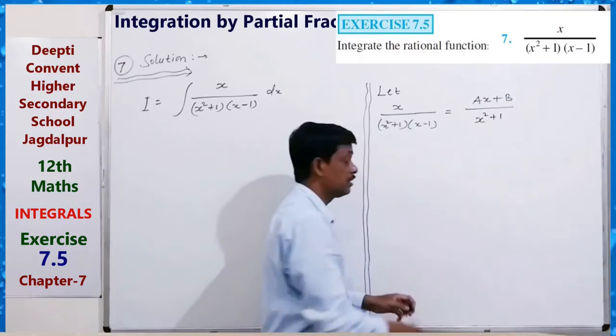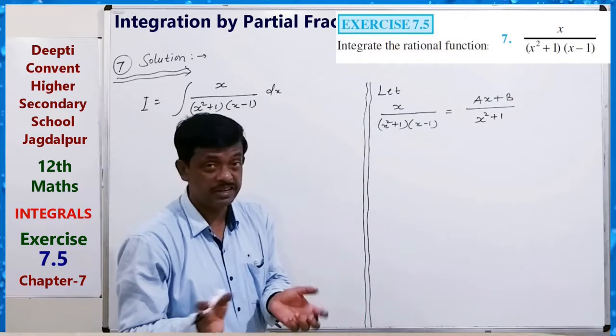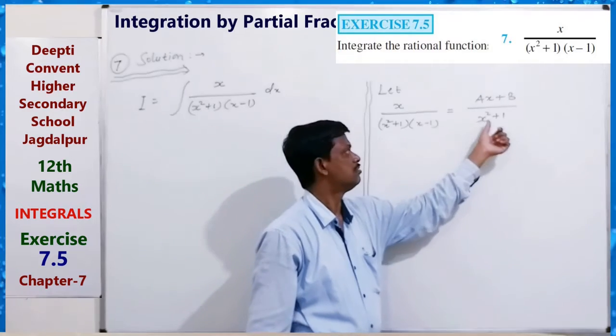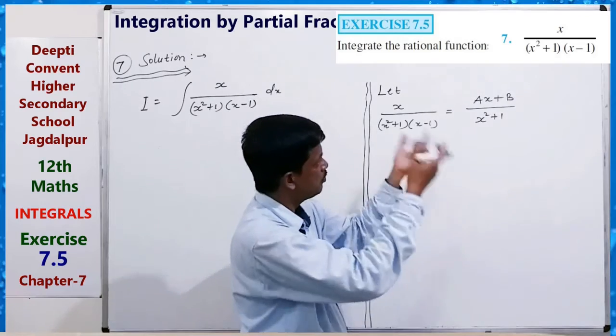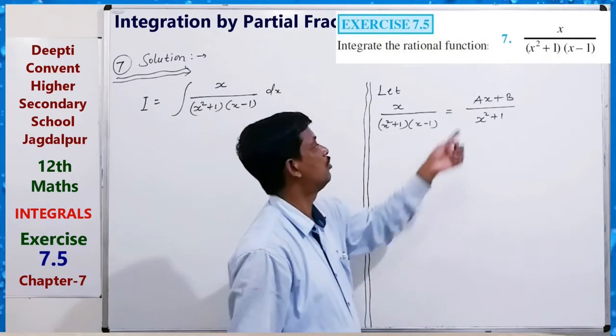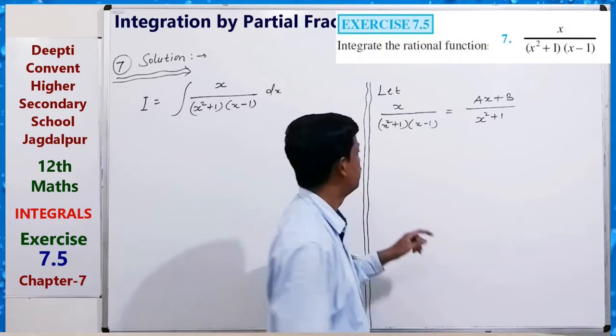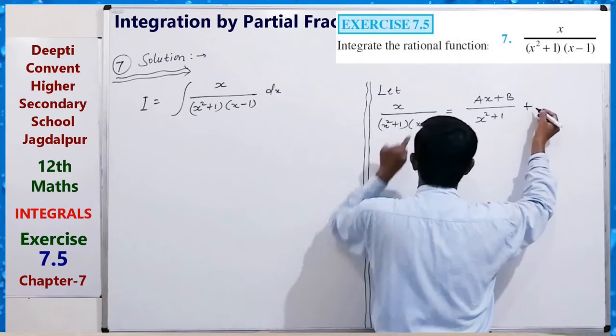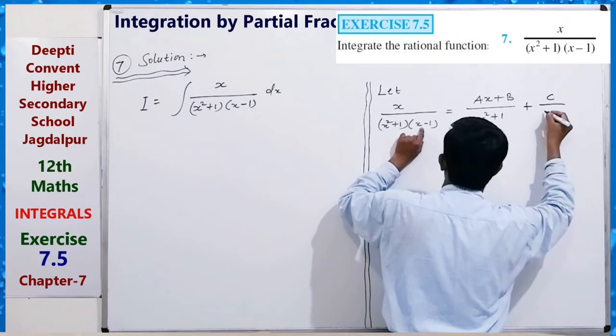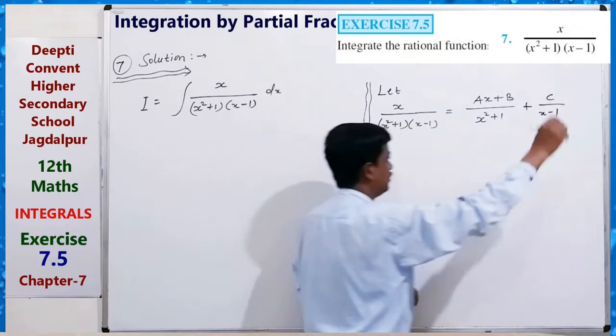This is a second degree factor which cannot be factorized as a real linear factor. So put the second degree factor here, and the numerator will be a linear factor with arbitrary constants a, b, plus c upon x minus 1.